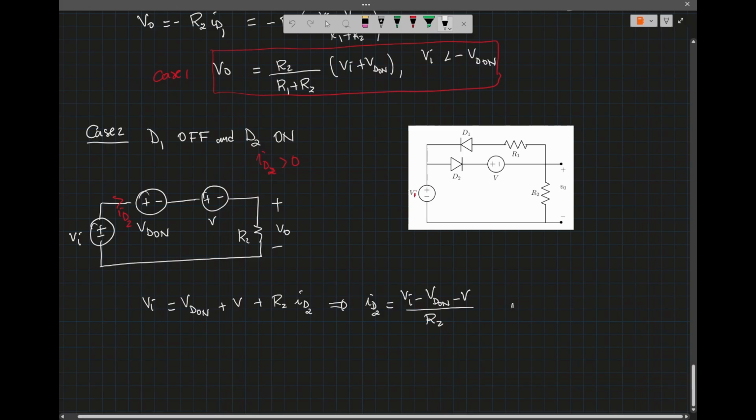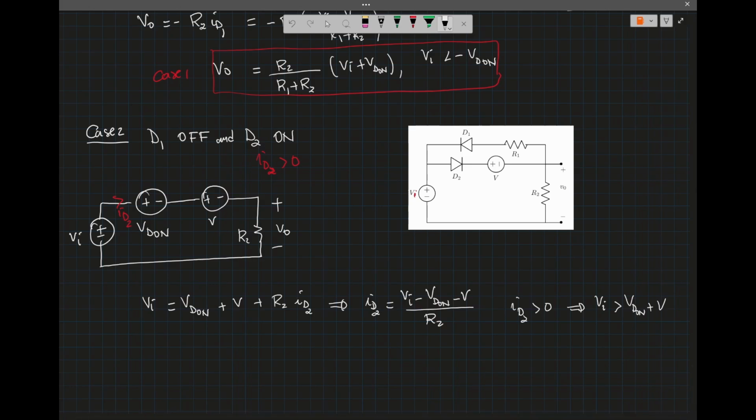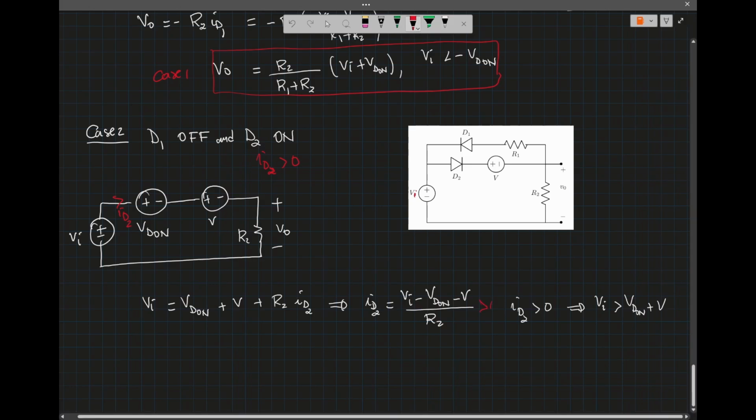That must be positive. ID2 positive implies that VI is bigger than VD on plus V. Because we want this to be positive, we know the resistor R2 is positive.